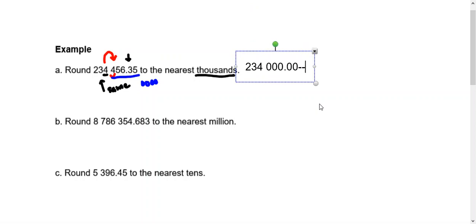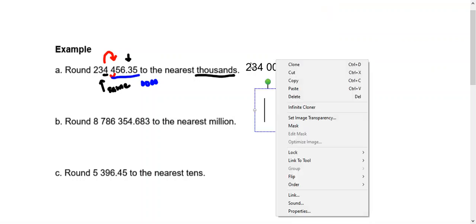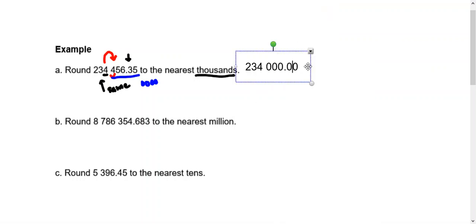And once you become really good at this, you can say to yourself, you know what, I really don't need those decimals, and that's totally fine. I can say that that's just 234 thousand. Sometimes I put a comma in there too, because that helps me to identify that these place values are in groups of 3. So now this reads 234,000.